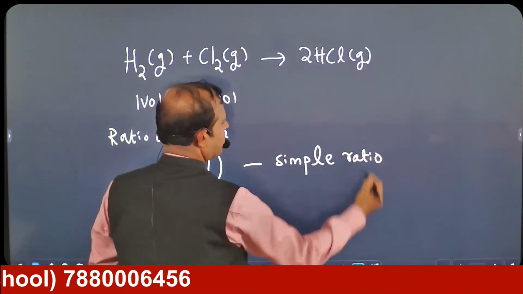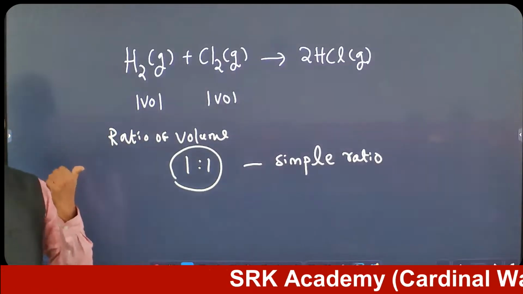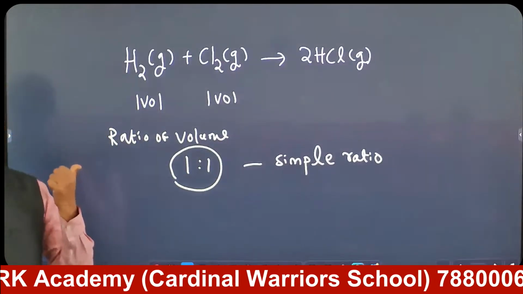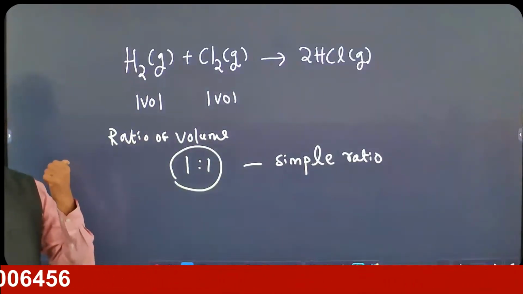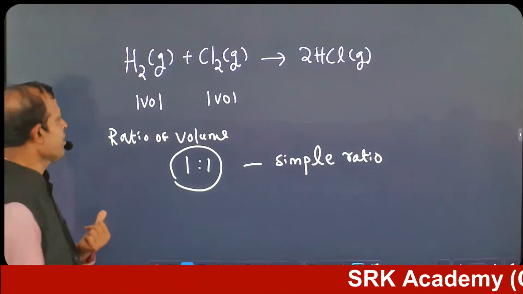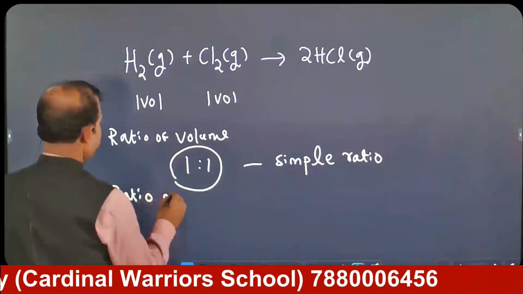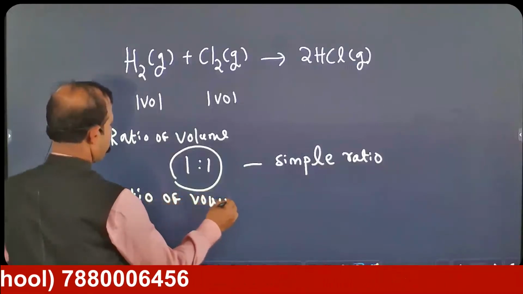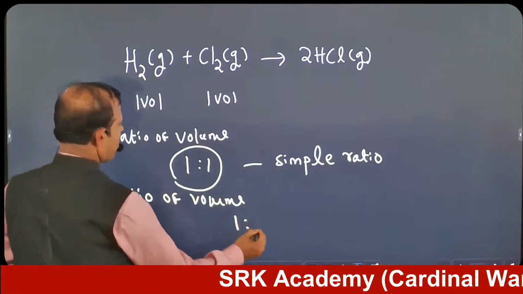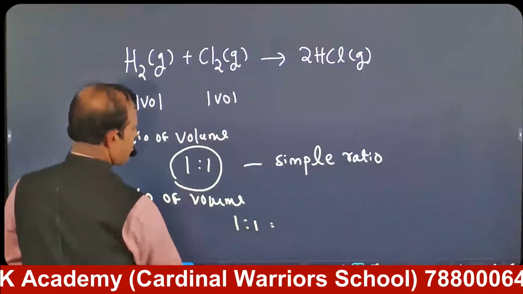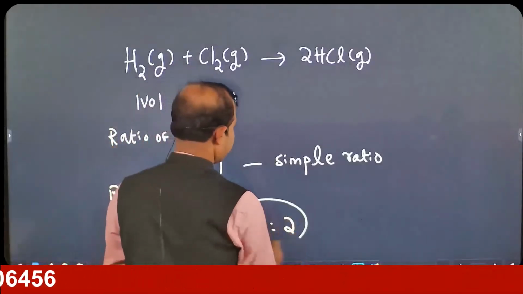And also with the volume of the product, if the product is a gas, right? What is the state of the product? It's also a gas. Now if you take the ratio of volume for the reactants and the product, it becomes 1 is to 1 is to 2. That is also a simple ratio.